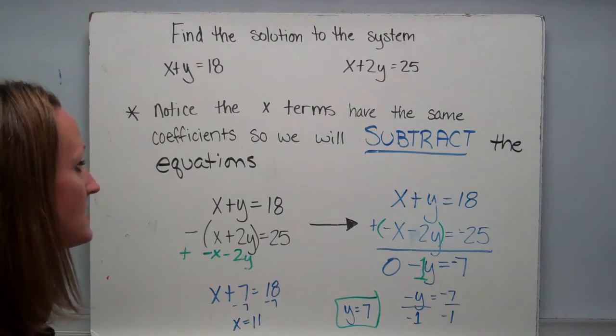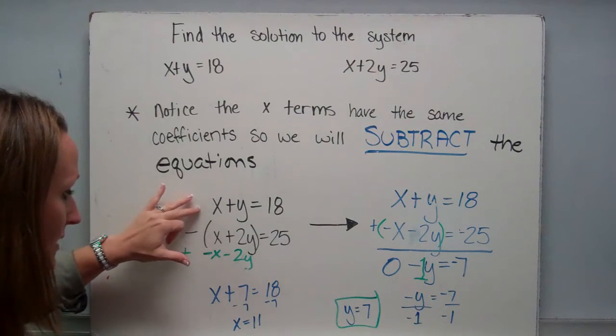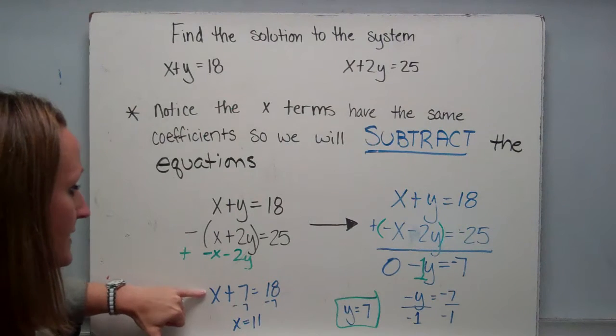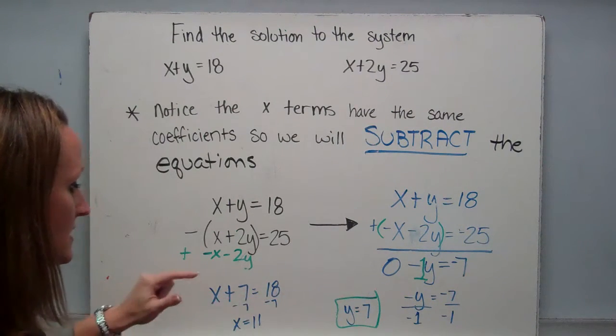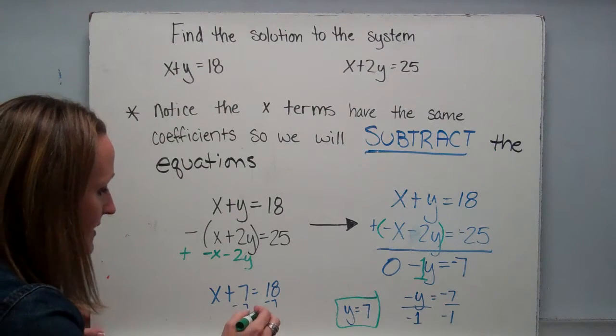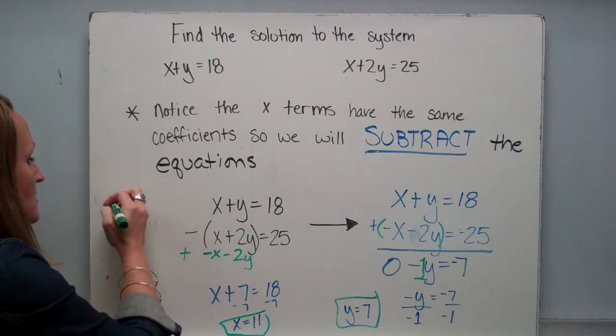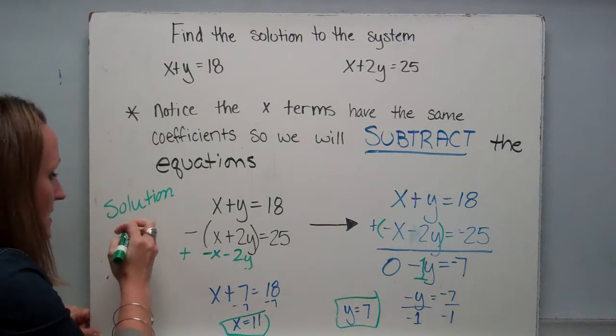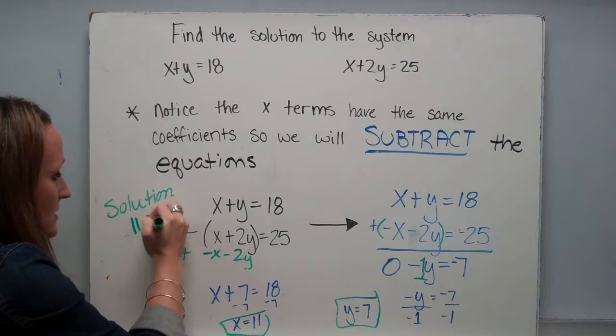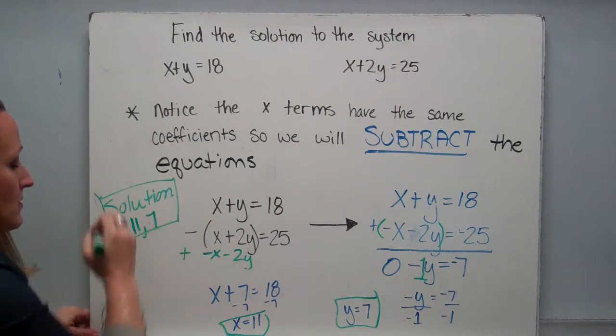I can plug it back into either equation, so I'll plug it into this one: x plus 7 equals 18. I just took my y value and plugged it in. Subtract 7 from each side, and I find out that x equals 11. So my solution, or the point where my two equations would cross, is (11, 7).